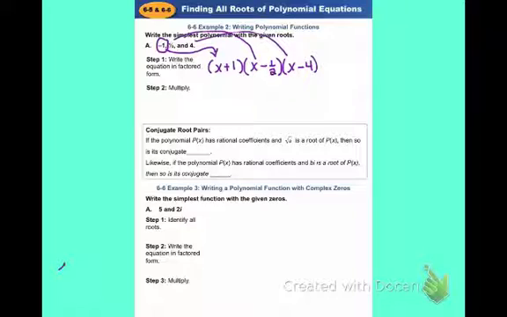Remember from an earlier lesson in this chapter, if you have 3 binomials that you want to multiply, you start off with a pair of them, FOIL those out, and then distribute the third binomial through. Really I could have picked any 2 to start with.